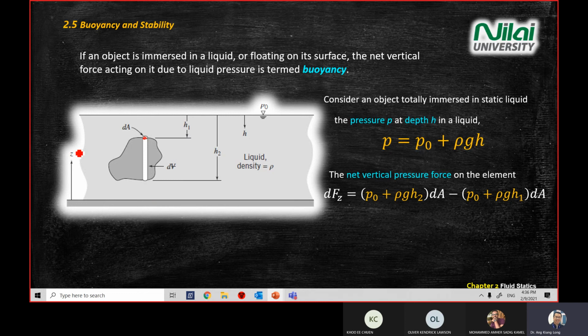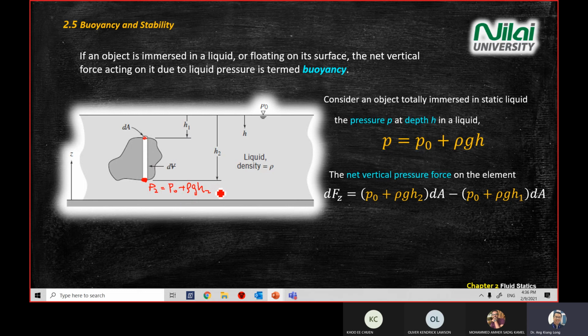The axis that we have here is Z positive going up. So we will have pressure acting on point number 2 here. The pressure at point number 2 will be the ambient pressure plus rho GH again, and the H is H2.